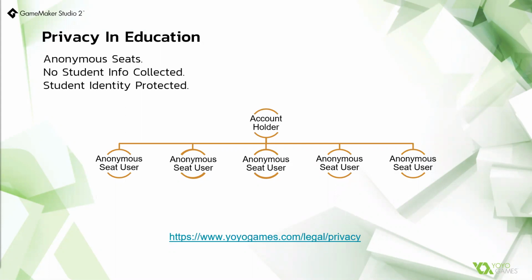Quite often, what we see in schools is that a school will have a computer lab, and they'll just create one license per computer, and then multiple classes go in and use that. And that's all that's needed to do that.